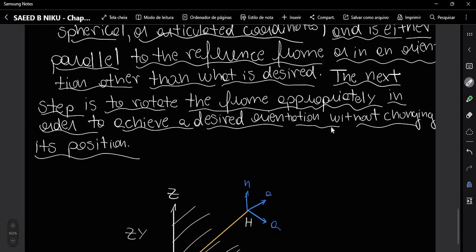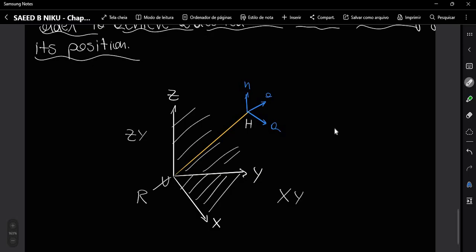And the next step is to rotate the frame appropriately in order to achieve a desired orientation without changing its position. Yeah, we can rotate the hand of the robot. We always can do rotations.